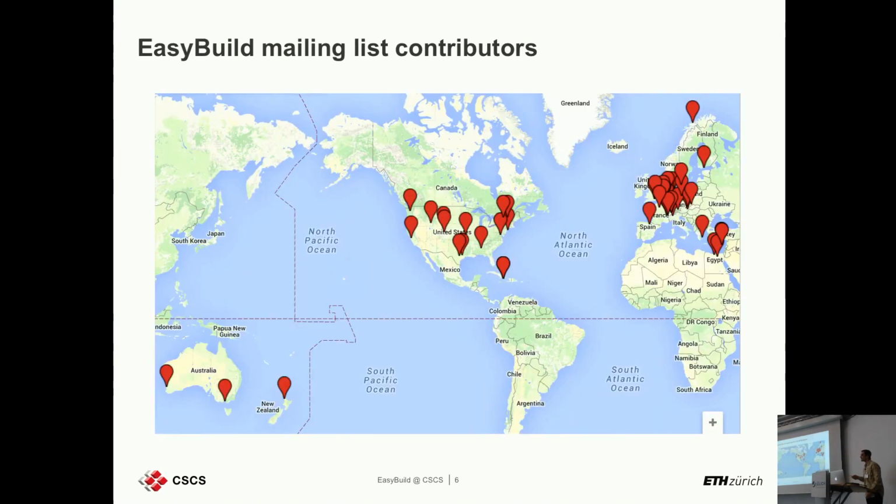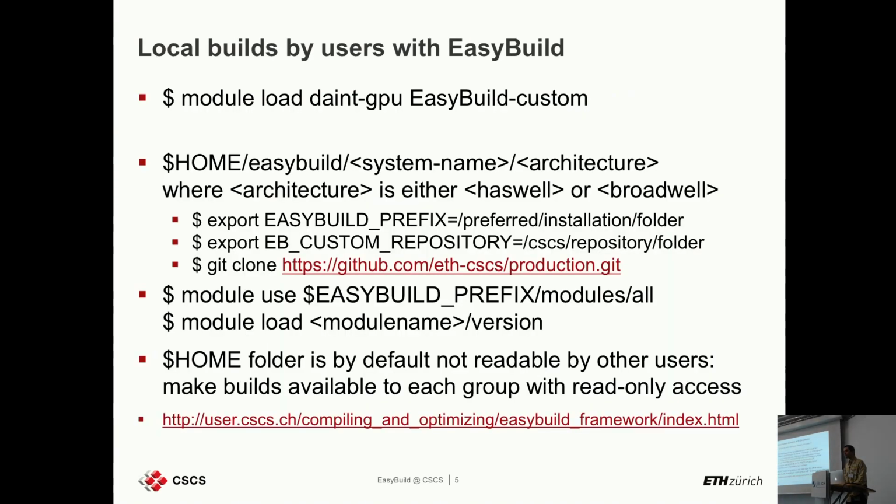One of the things that I think, yes, please. A question related to this. So what you provide are the recipes for the stuff you provide on the system, but when users install their own stuff, would they rebuild all of this in their home directory, or would this be taken from the system?